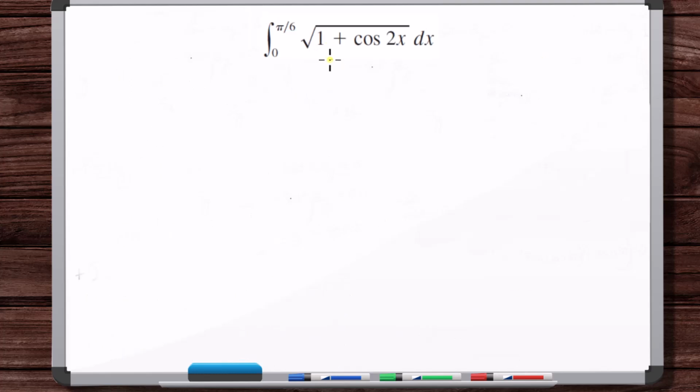Okay, so I see this 1 plus cosine 2x, and I think of the half angle identity, which is cosine squared of x is equal to 1/2 (1 plus cosine 2x). So let's see if we can use this. Let's see where this gets us.